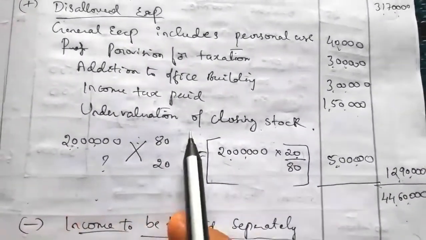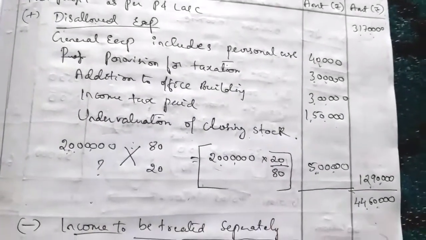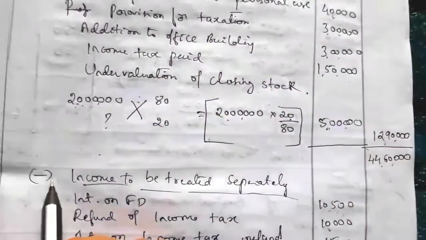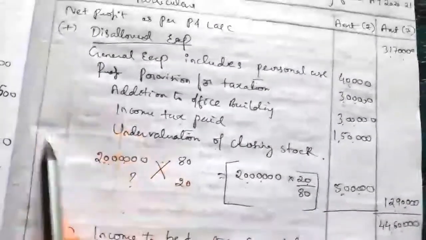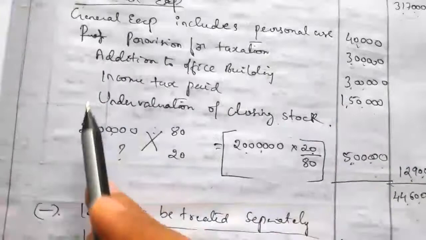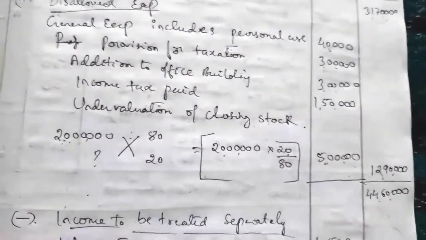It is undervalued, recorded less, so we have to record it. To record a credit side item we have to add. Cancelling a credit side item we have to deduct. Recording of a credit side item we have to add. So add means it is the same, so it is taken together. If you take separately also it is no problem, but it is better to take separately.